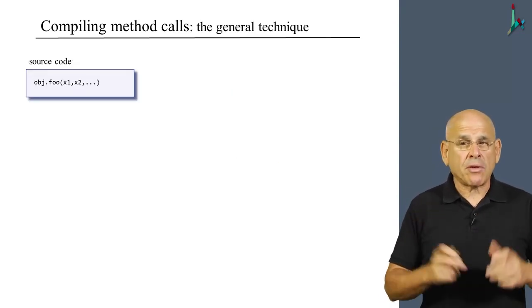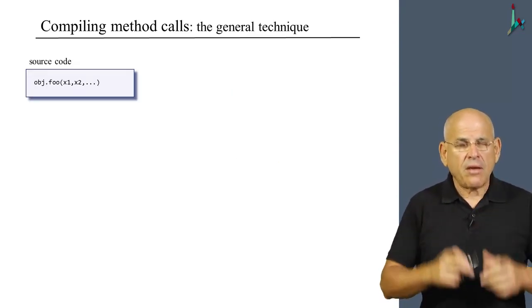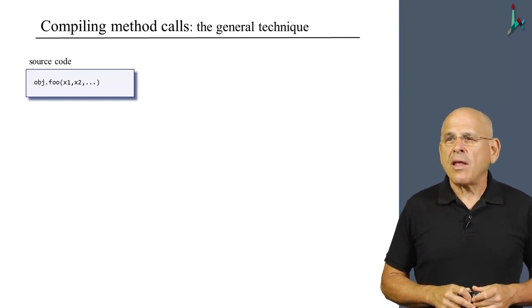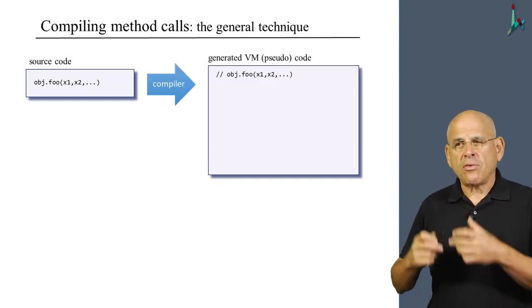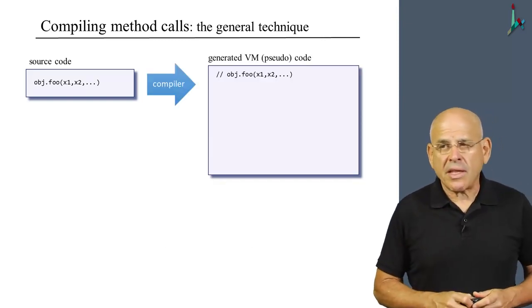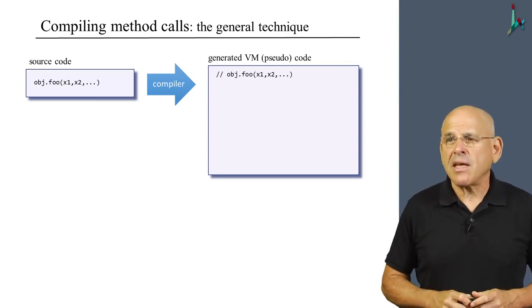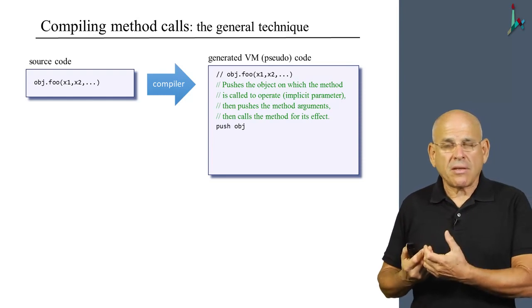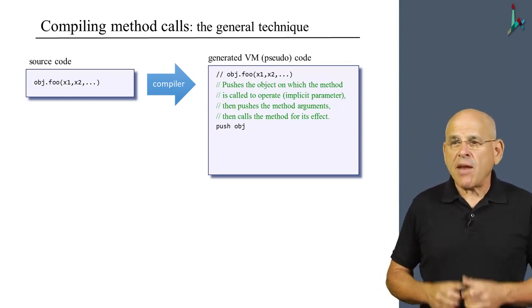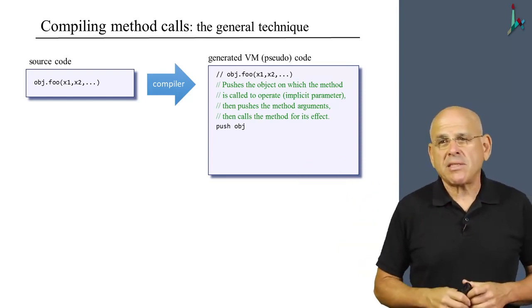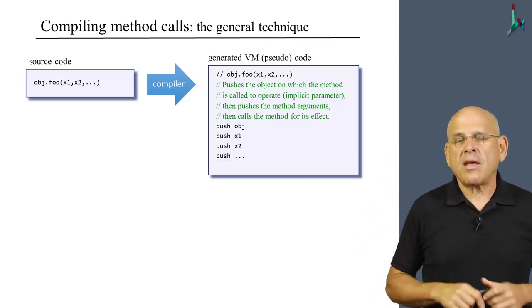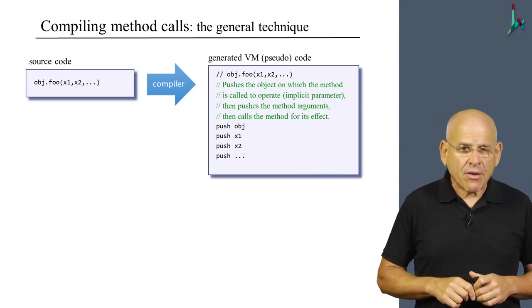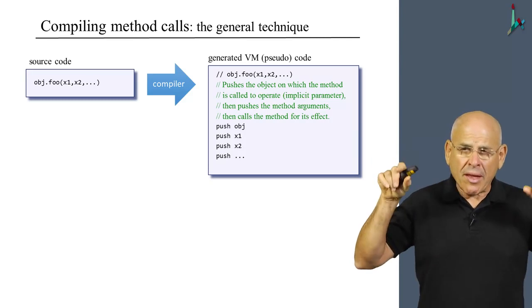So here's the general technique. Here's the high-level method call, and in order to generate code that affects this semantics, we first of all push the object onto the stack. Then we push as many arguments as we had within the argument list.